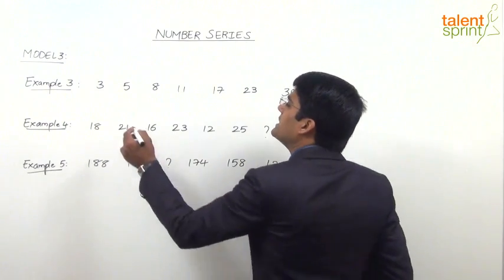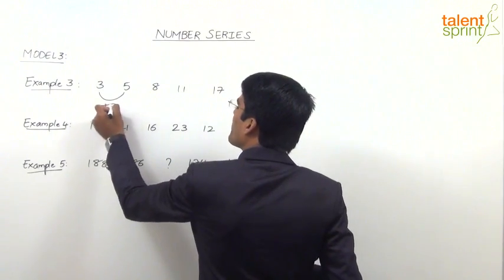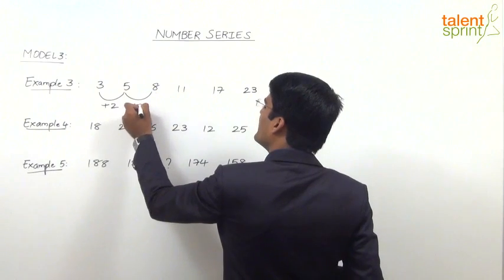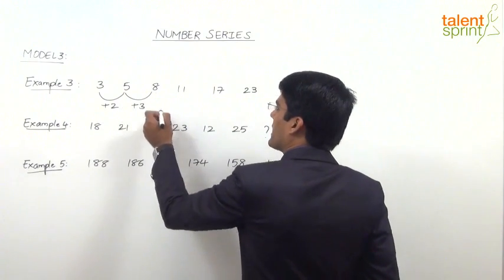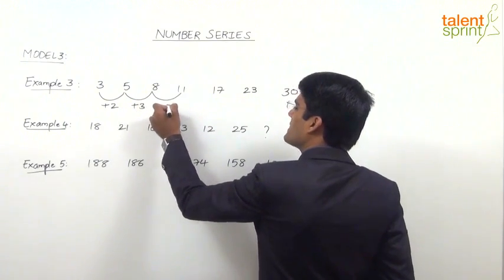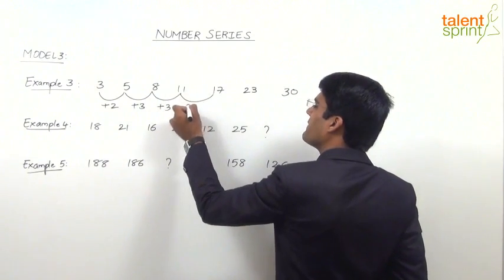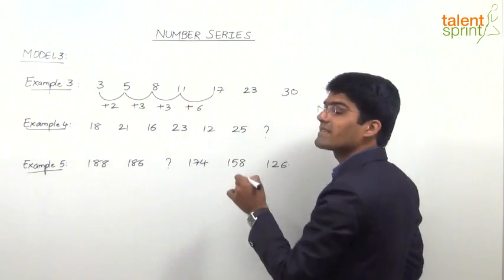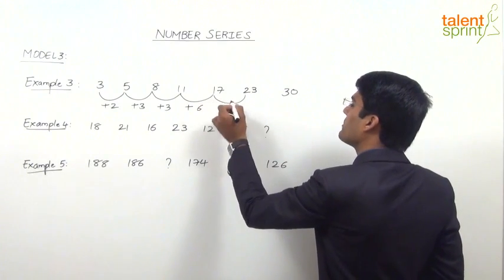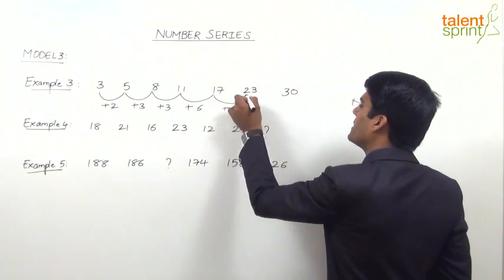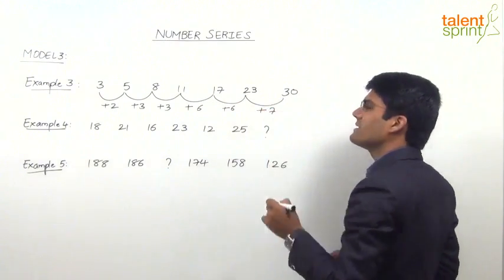We find that 3 plus 2 gives 5. 5 plus 3 is 8. But again, when we take 8 and 11, we see the difference is 3. 8 plus 3 is 11. 11 plus 6 is 17. 17 plus 6 again is 23, and 23 plus 7 is equal to 30.